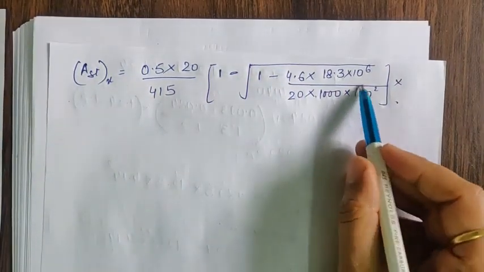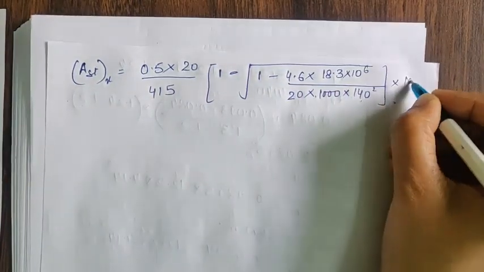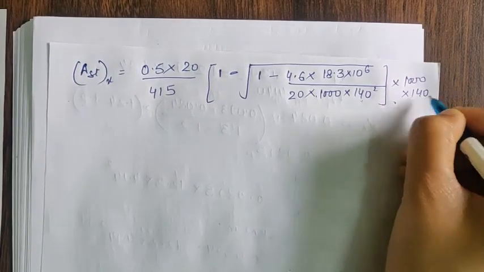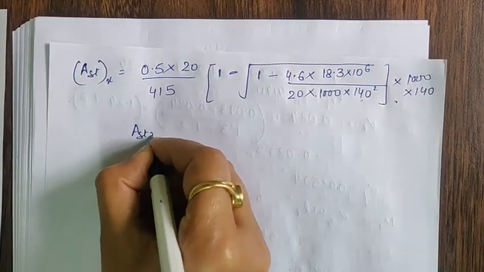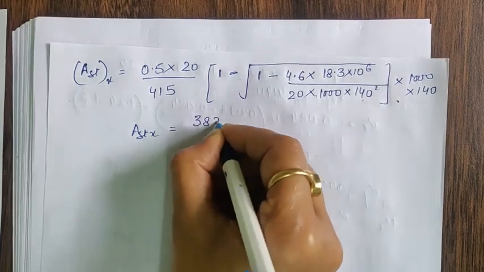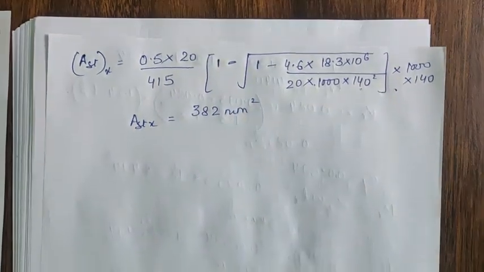Solving this, AST in x direction is coming out to be 382 millimeters square.